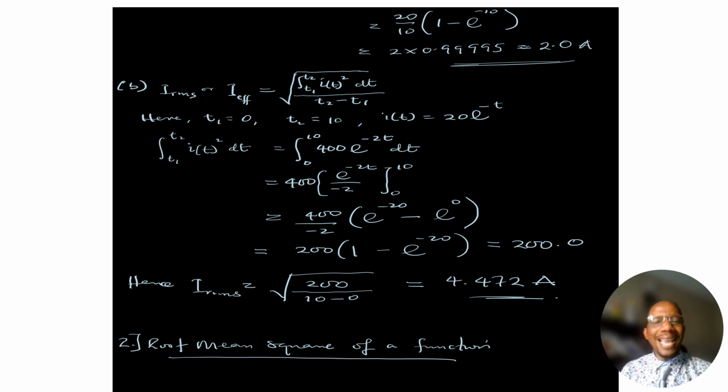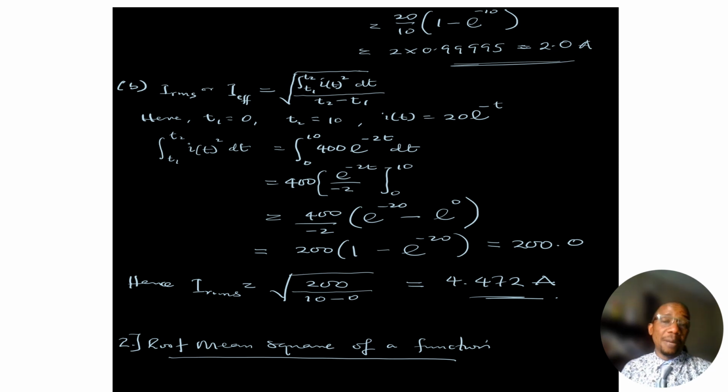Now the second one is I RMS. The second application I'm talking about is the root mean square of a function. After talking about the average value, I thought of root mean square. This example is for the root mean square of a function, or RMS, or effective value of a function. That is the square root of the integral from t1 to t2 of i of t squared dt, all over t2 minus t1.